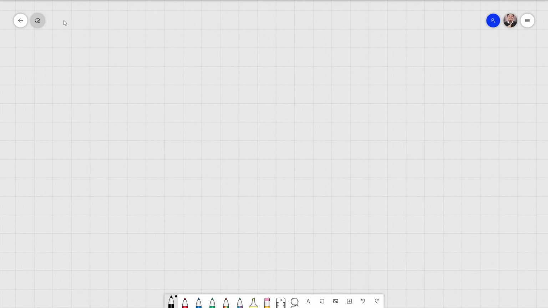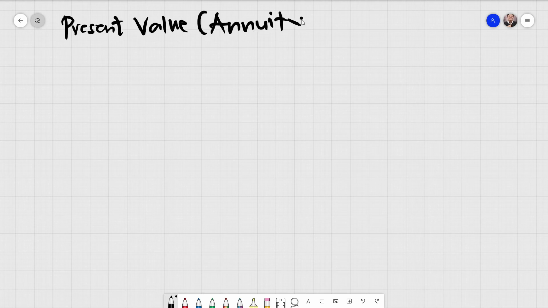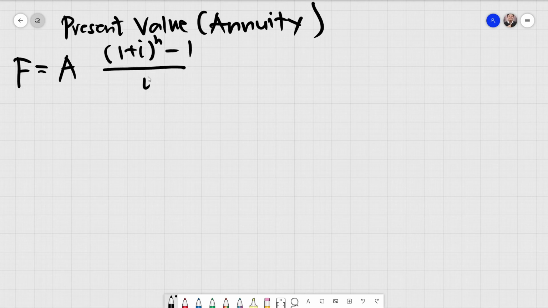So this time around, ang i-derive naman natin yung present value naman ng ating annuity. So we will derive this using our derived equation earlier ng future worth, A times the quantity 1 plus I raised to n minus 1 all over I. So ito yung equation na yan.